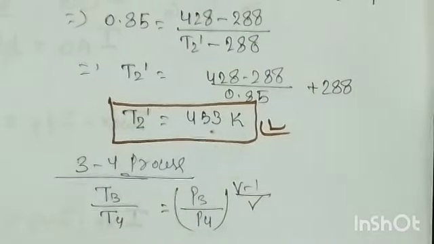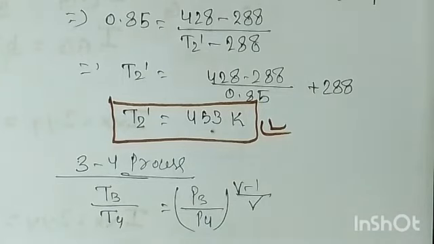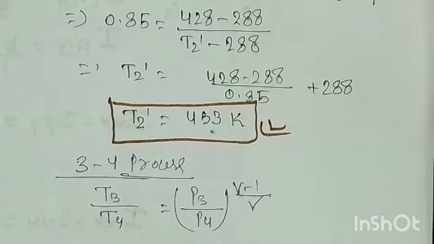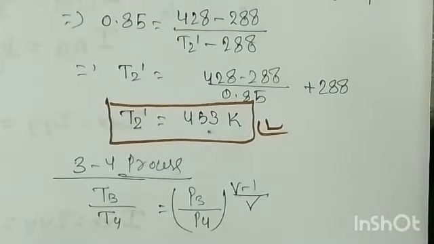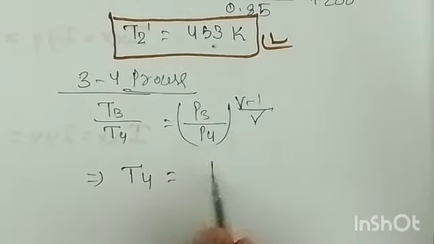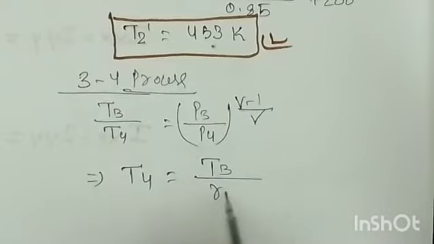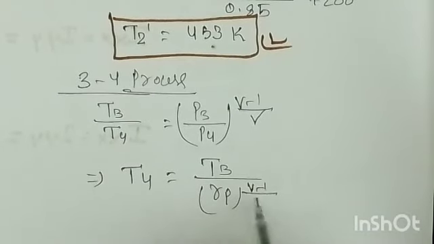But P3 is equal to P2 and P4 is equal to P1, so it is P2 by P1, which is the Rp. So we need to find T4, which is T3 upon Rp to the power (gamma minus 1) by gamma.